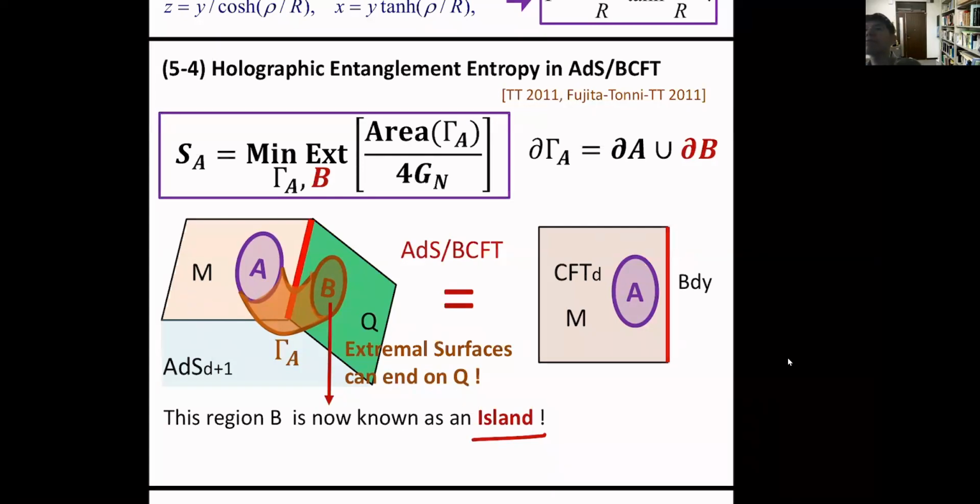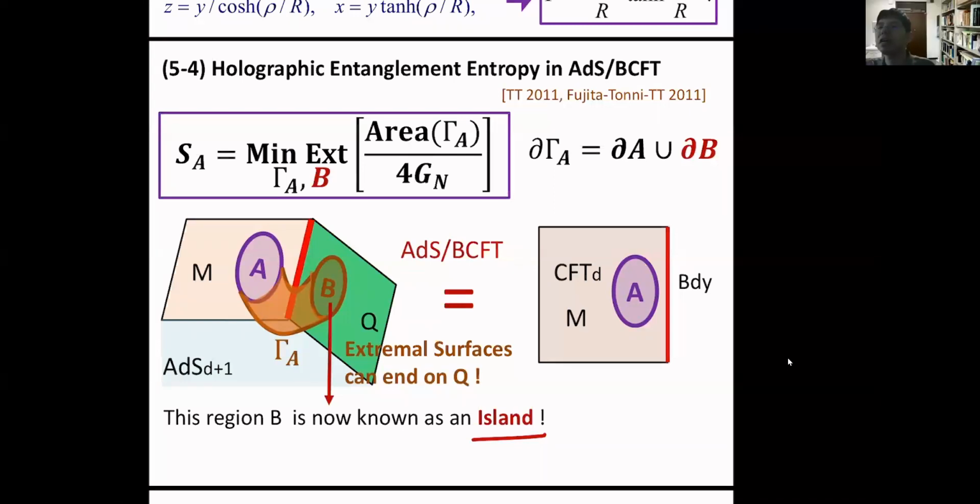Excuse me. In this case, I suppose A is quite near the boundary. Sorry, could you say that again? I mean the picture here. Yes, I suppose A is quite near the boundary. If it's far from the boundary, I think the picture should be different.